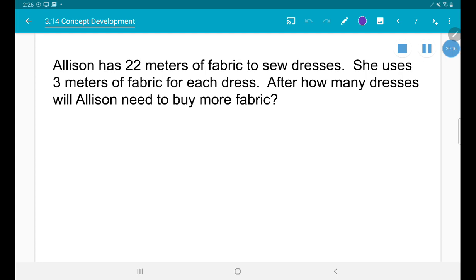After how many dresses will Allison need to buy more fabric? Allison has 22 meters of fabric to sew dresses. She uses 3 meters of fabric for each dress. After how many dresses will Allison need to buy more fabric?